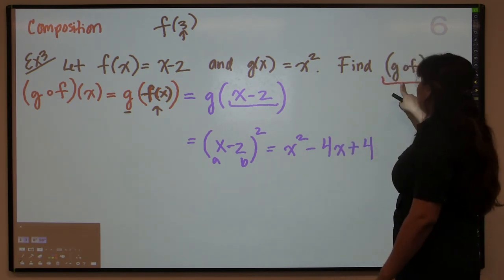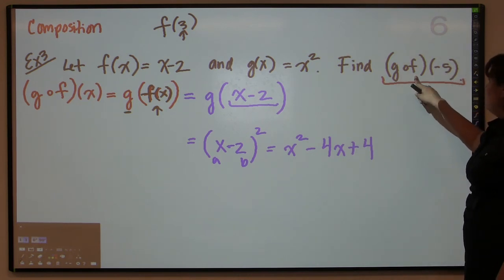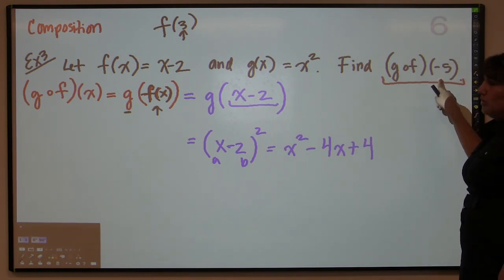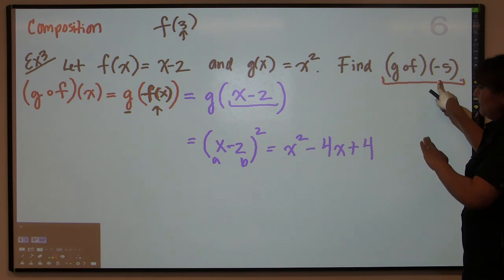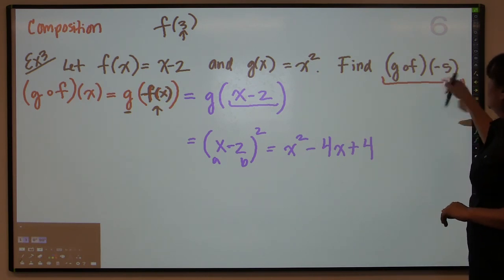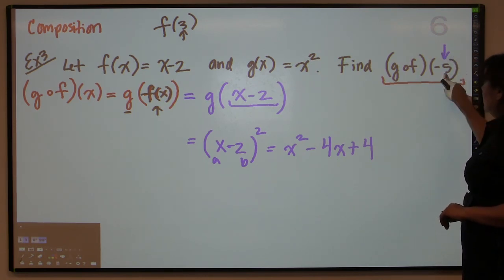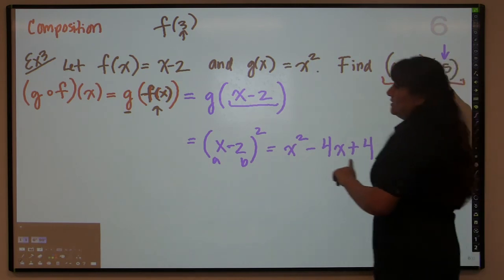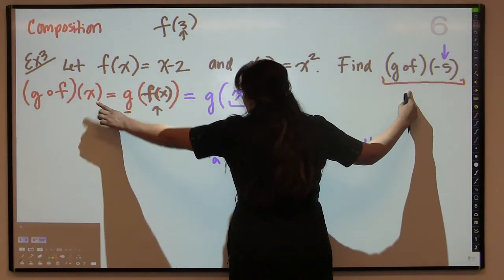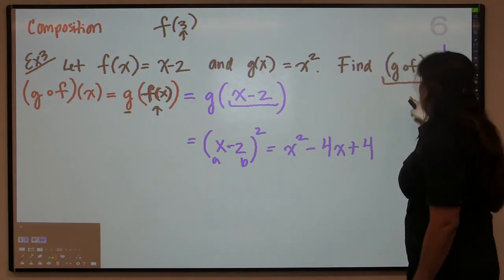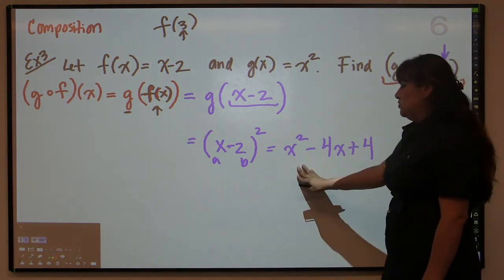Okay? So what this is asking for is g of f of negative 5. So after I've done all that, I'm now being asked to replace the x value. So if you look back to this where it has a little x right there, I'm being asked to replace it with a negative 5. So I can now do that here.